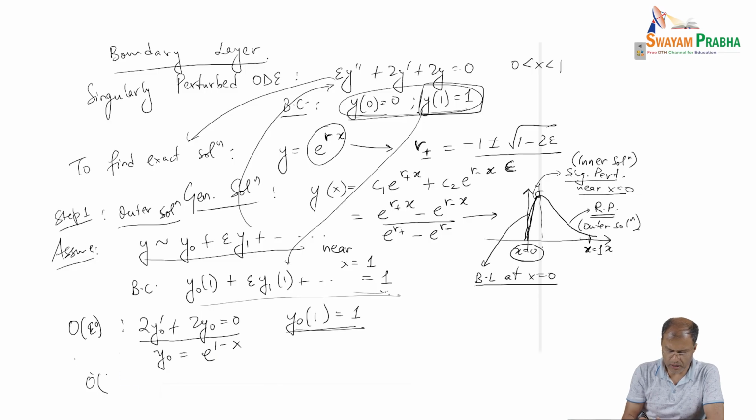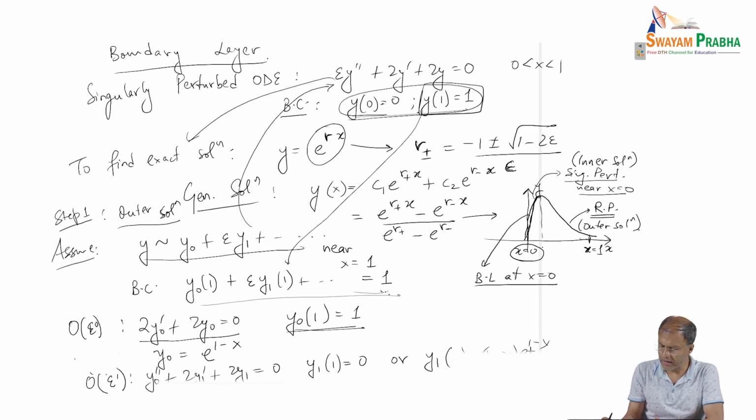Now if we solve the order epsilon to the power 1 problem, the equation is y0'' + 2y1' + 2y1 = 0, with y1(1) = 0, and we get the solution y1(x) equal to (1 minus x) e to the power 1 minus x, divided by 2.